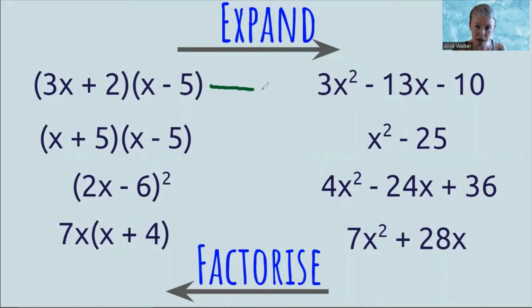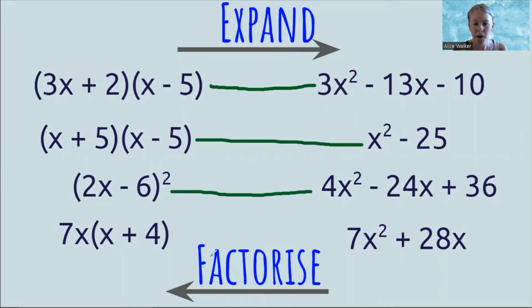So all of these match up with each other, look, and you can see that they all look a bit different from each other, but they all have a squared term in them. So the first 2, we have multiplied 2 sets of numbers and letters in brackets together. And in the second 2, this is actually just the same bracket times by itself.